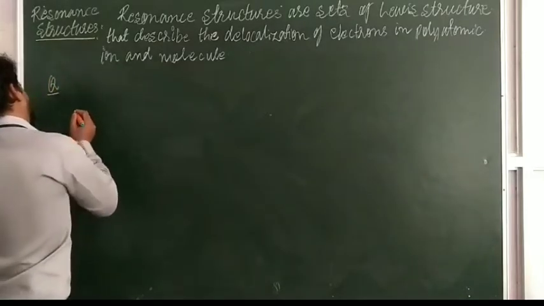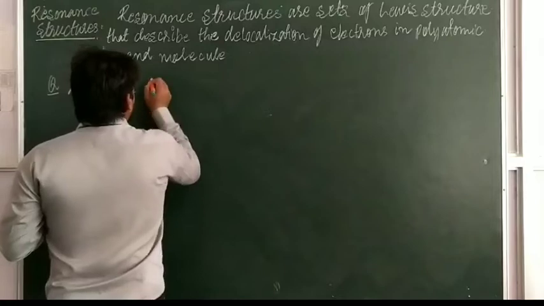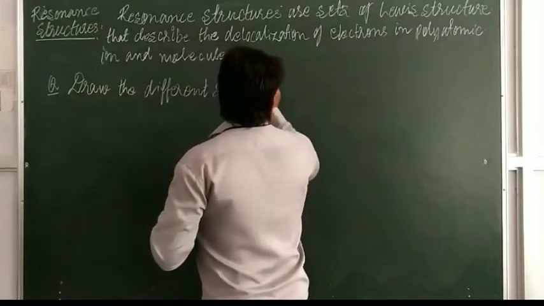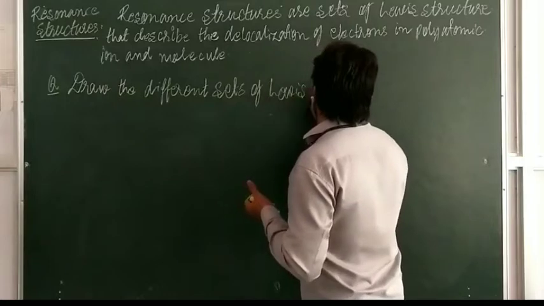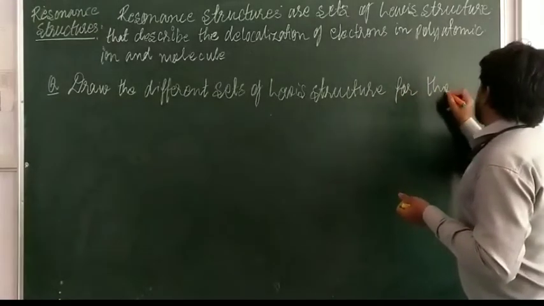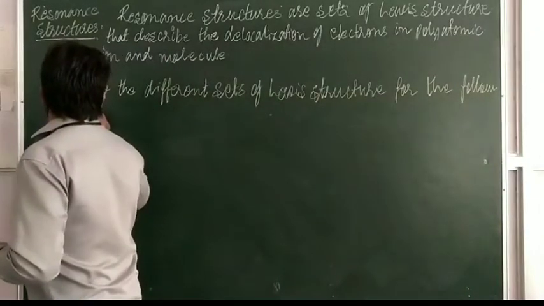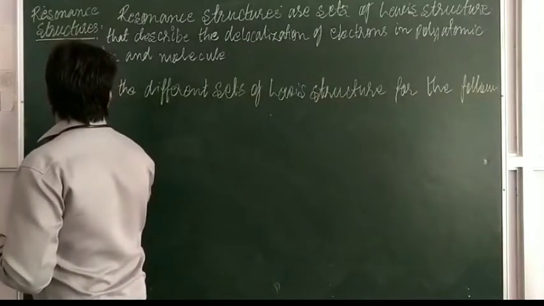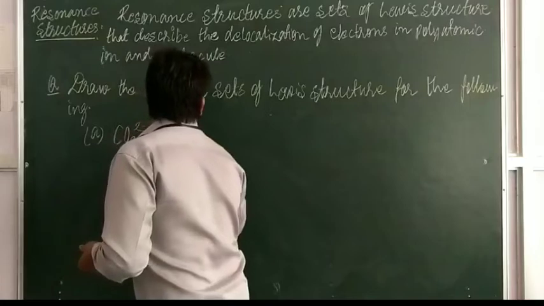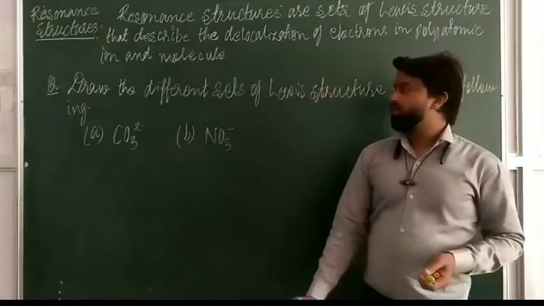There is a question. Draw the different sets of Lewis structure for the following: carbonate and nitrate ion.